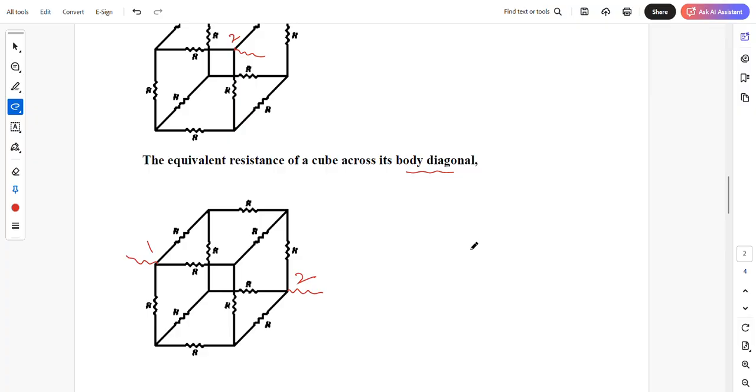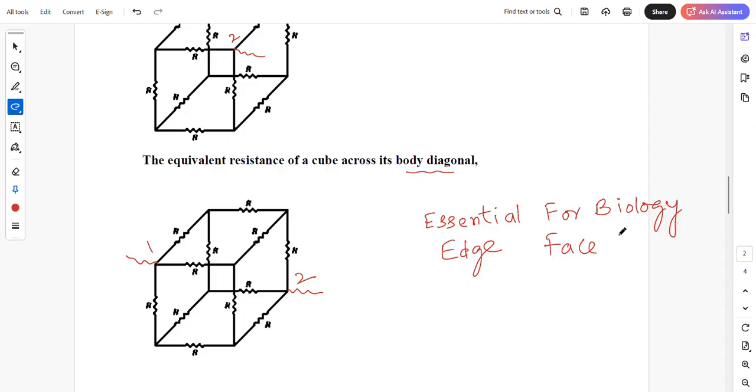Remember like this: essential for biology, essential for biology. Understood? Where E is what? Edge. F is what? Face. B is what?